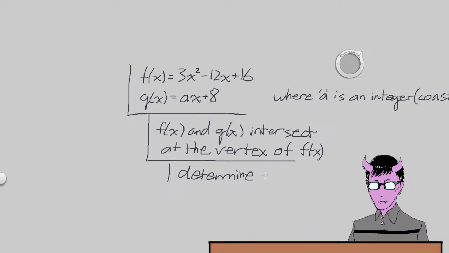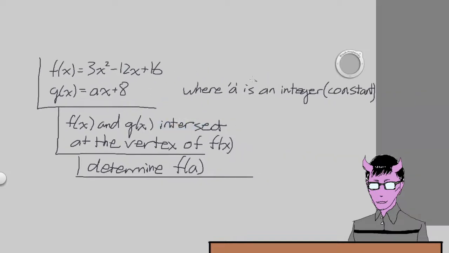Some more strangeness. Alright, I think that's all we need. Yeah, that's it for the setup. So again, we're given some sort of quadratic equation, we're given some sort of linear function, a is an integer, and we are informed that the vertex of this one is intersected by this one right here.